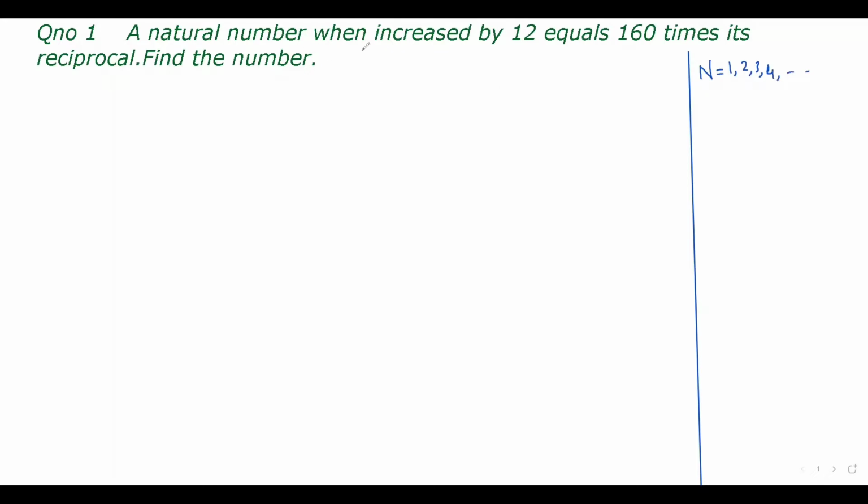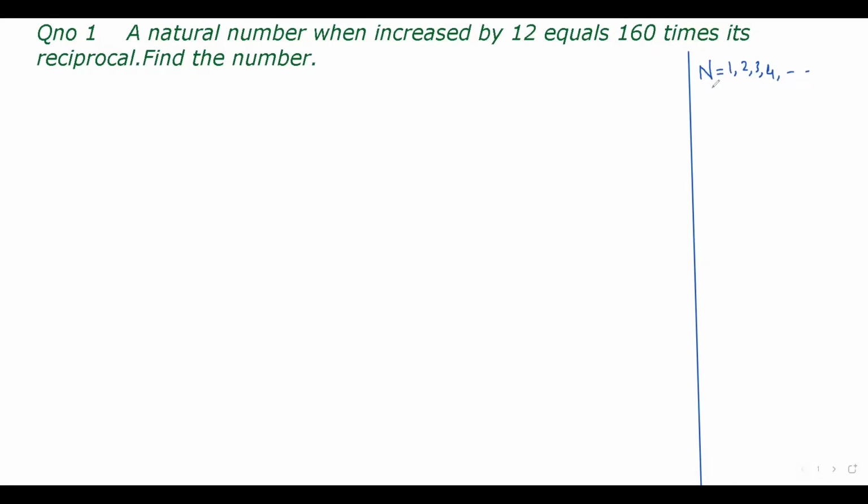Right? A natural number when increased by 12. कोई एक natural number है जो जब 12 से it has been increased, जब उसमें 12 add किया गया तो it equals 160 times its reciprocal. Okay, so a natural number when increased by 12 equals 160 times its reciprocal.